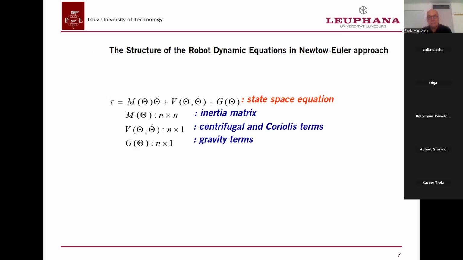Quite general, quickly. The first equation is a state space equation. We will see in detail with the examples that forces and torque, let me consider just torque, equals three elements. The first element is the inertia matrix.